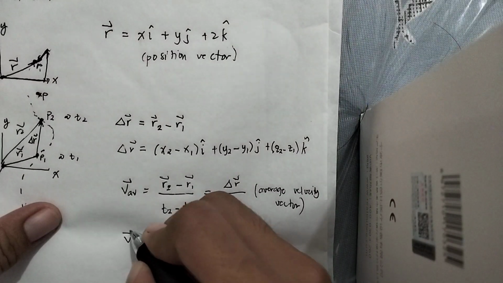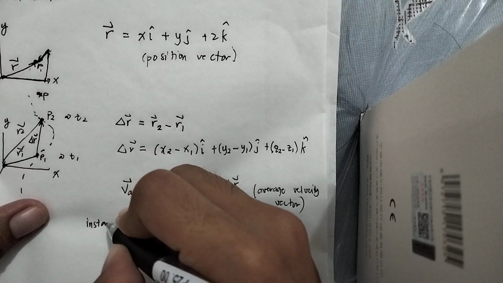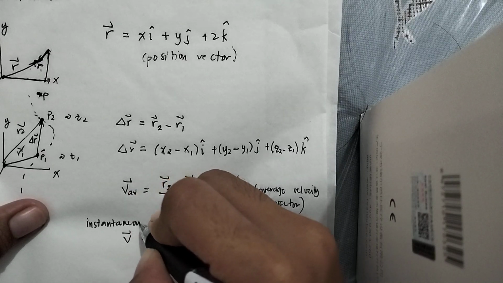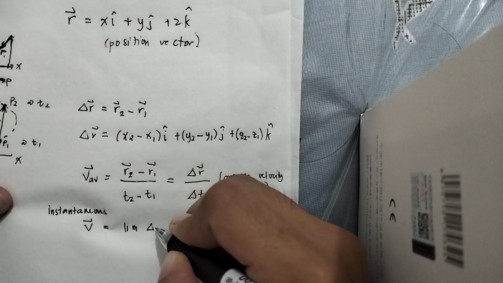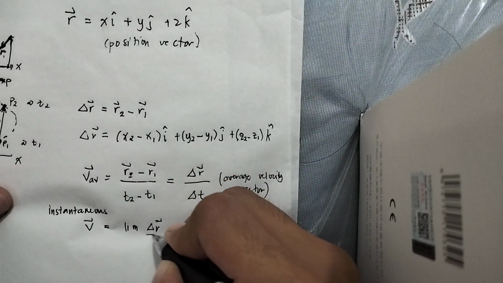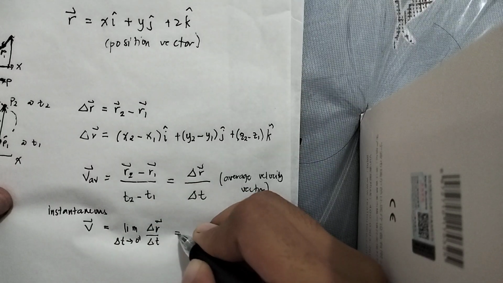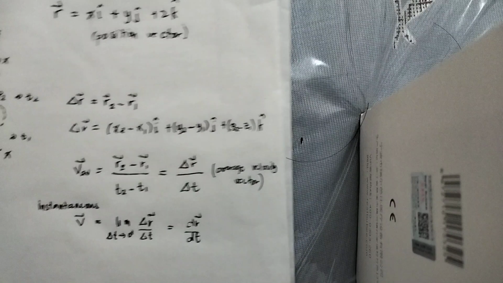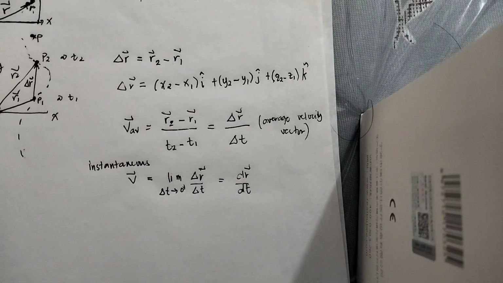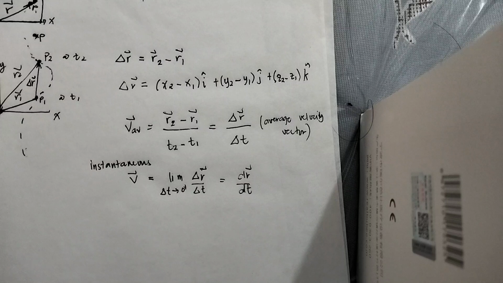So, V is the limit of delta R over delta T as the time approaches 0. It is the derivative of the displacement with respect to time.